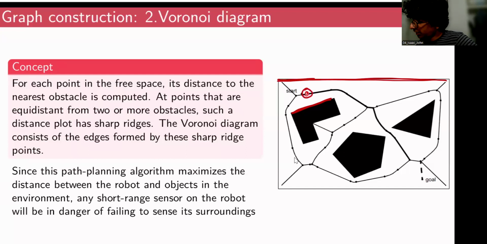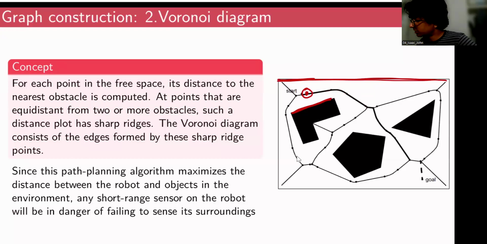So this point is somewhat in the middle between these two obstacles. And as the robot goes anywhere in the map, the algorithm tries to position itself so that it is as far as possible from all the obstacles.